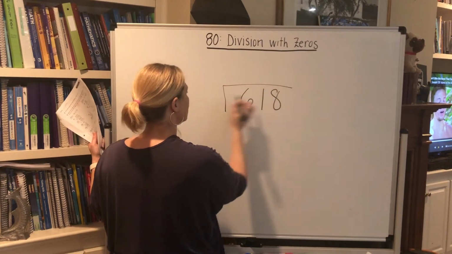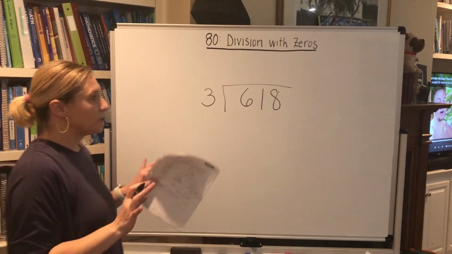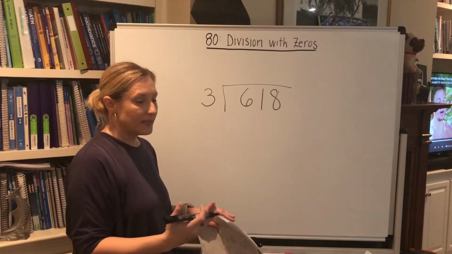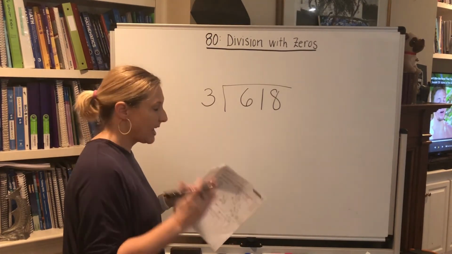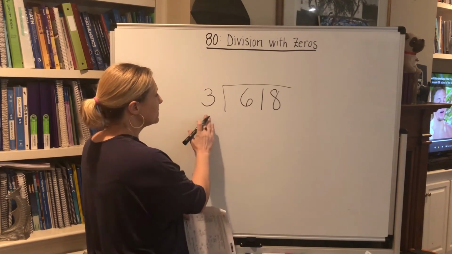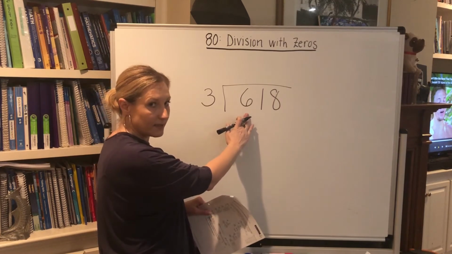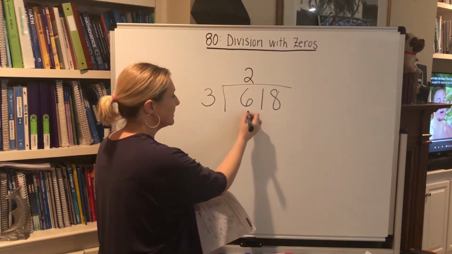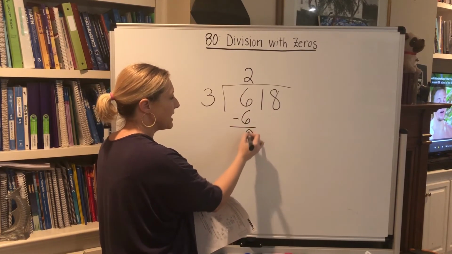So, again, in math, you want to do the same process every time so that it becomes such a habit that you are so accurate every time because you use the same exact system every time. So don't skip steps. 3 goes into 6, does it? Yes, it goes 2 times. 2 times 3 is 6. Subtract. That leaves nothing left over.